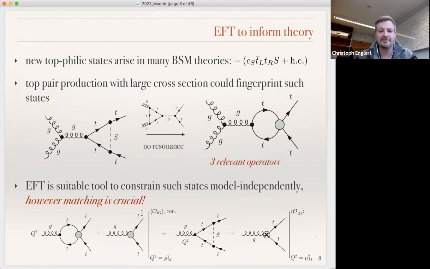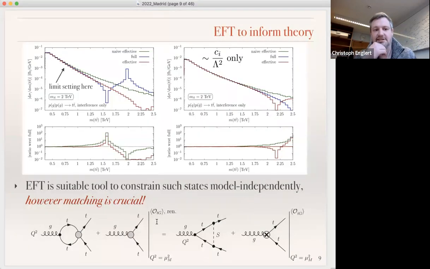This is schematically given here, not too illuminating, but on the next slide, you'll see actually what effective field theory does. Of course, effective field theory is a tool set that works unless you somehow break its generic assumptions. So we have our full theory here. This is the absolute value of the interference part. We're only looking at the interference of your propagating S degree of freedom with the standard model. That gives rise to a generic dimension-6 effect, where Lambda squared would be really the mass of the scalar here.